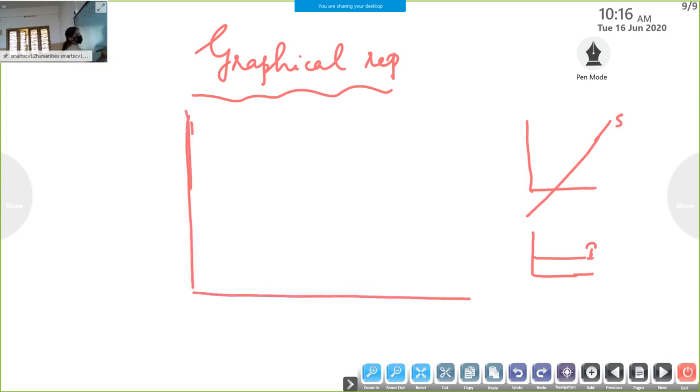the diagrammatic presentation. Here as usual level of GDP. Here we are representing the SI approach, that is why saving and investment. Okay. The diagram should be completed. Then the saving curve.